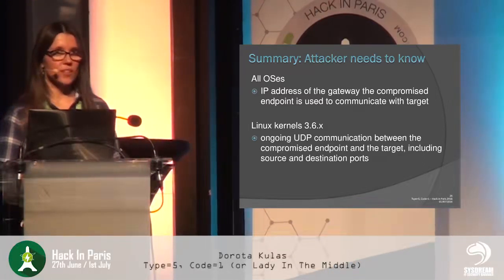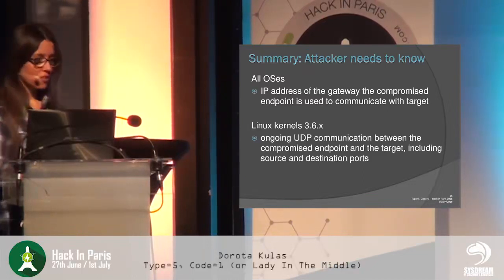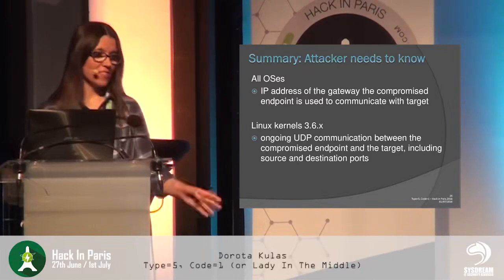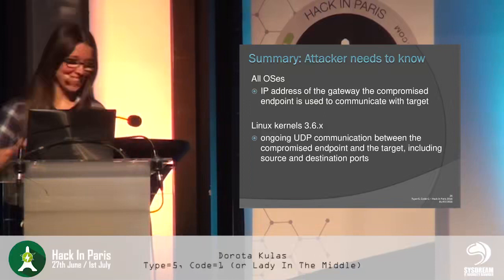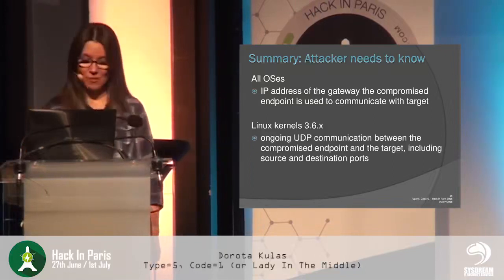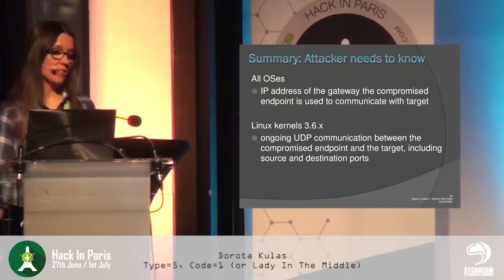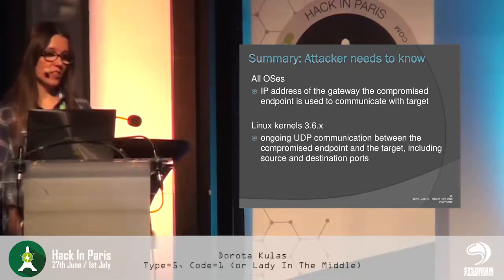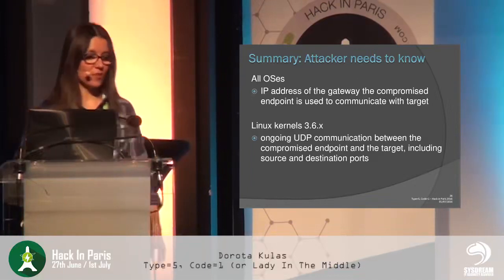I'm not sure, and I can't remember if I was able to make it with a UDP trigger. Probably not. So this kernel is somehow, but later they fixed it. I don't know why. So it will work later. And you obviously know your target and victim IP addresses. So this is all the attacker needs to know.